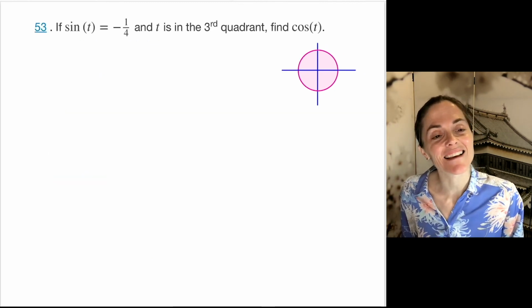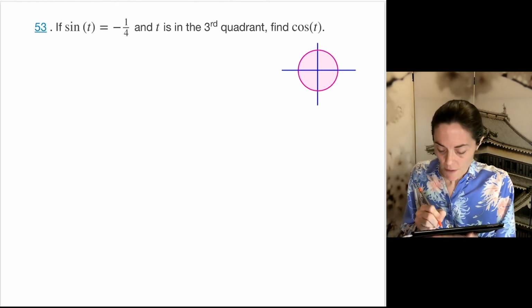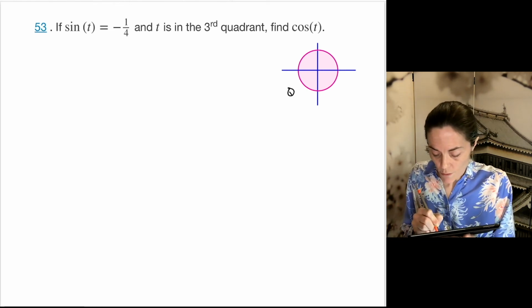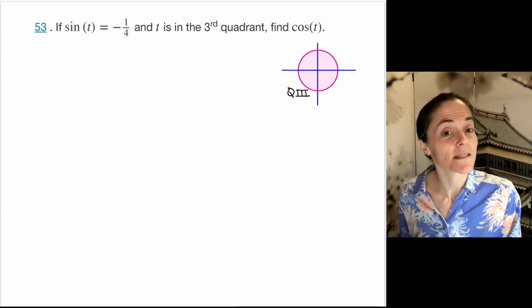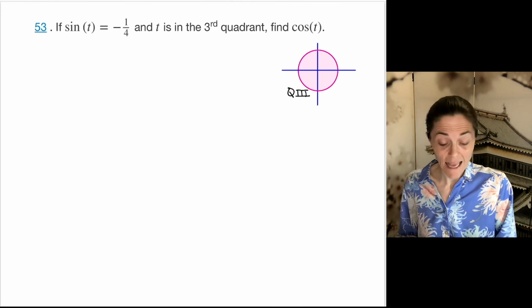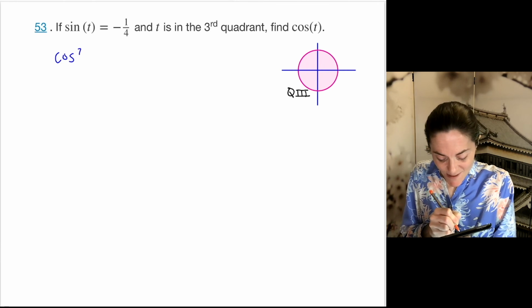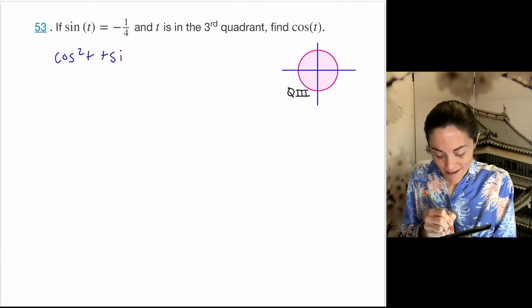Last question is 53, and it's very similar to the 2 that we did. The difference, well, we're in quadrant 3. We're also told the sine value, and then we want to find the cosine of this angle t. Well, once again, cosine squared plus sine squared is 1.